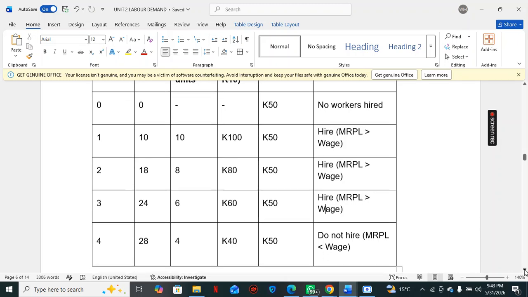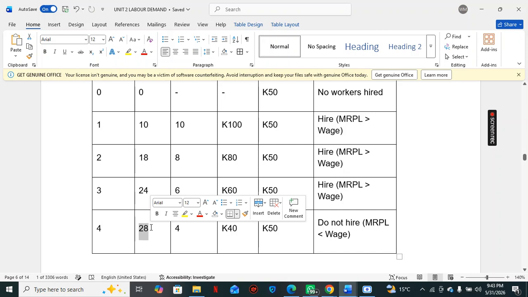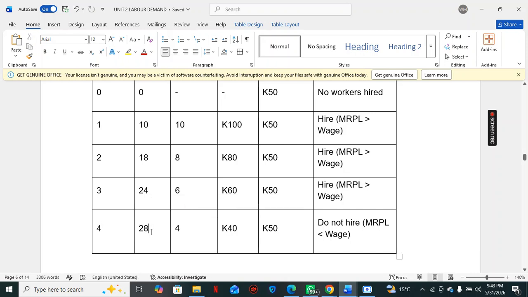Because if you don't stop there, this is what is going to happen. We bring in the fourth worker, output 28 units. Then this fourth worker is bringing an extra 28 minus 24, 4 units. The extra revenue they're bringing is 4 times 10 kwacha, 40 kwacha.